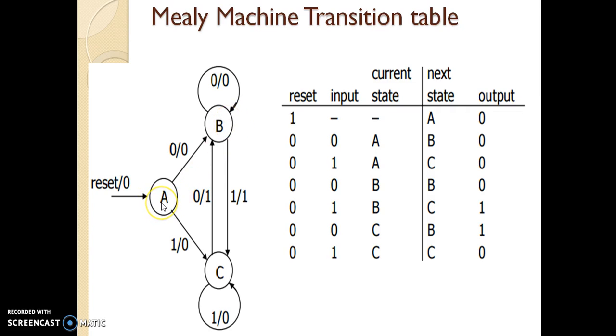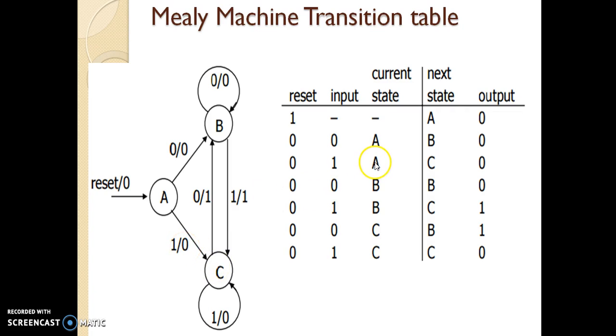Let us take an example. State A with input 0 moves to state B with output 0. So how this is represented in the transition table is, current state A with input 0 moves to state B with output 0. Let's take A with input 1. A with input 1 moves to state C with output 0.